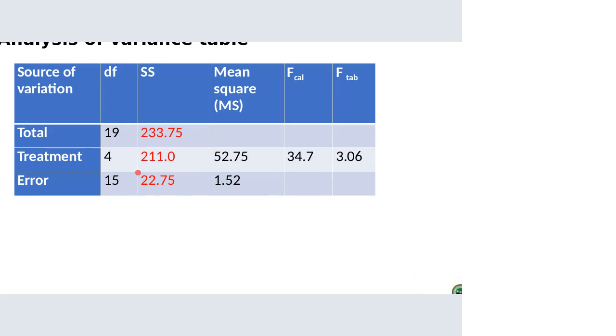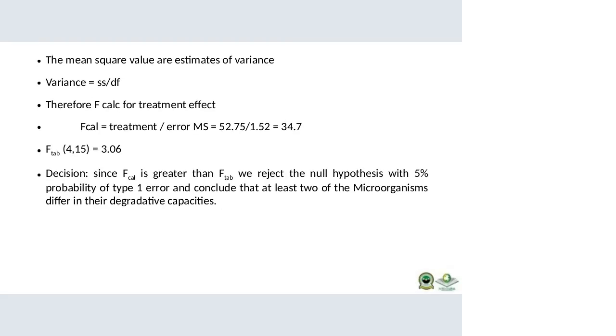We will check our F table using the error degree of freedom and the treatment degree of freedom, which is 15 for error.